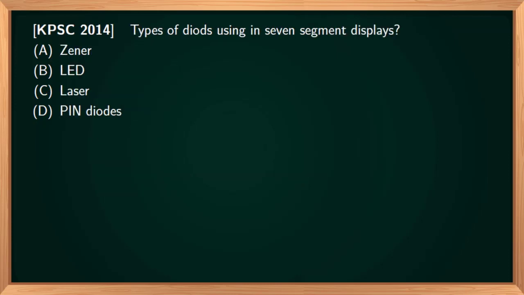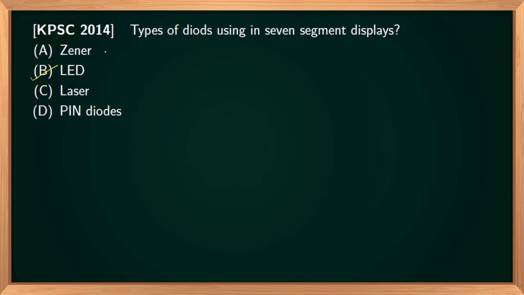The type of diode used in a 7-segment display. Option A Zener, option B LED, option C laser, option D pin diode. The correct option is LED, light emitting diode.